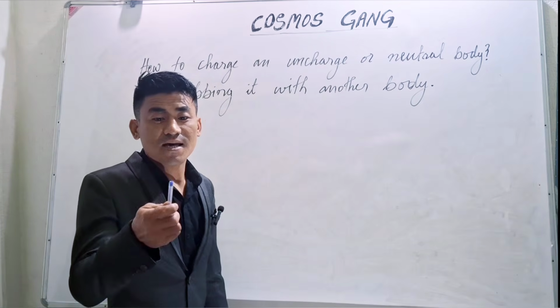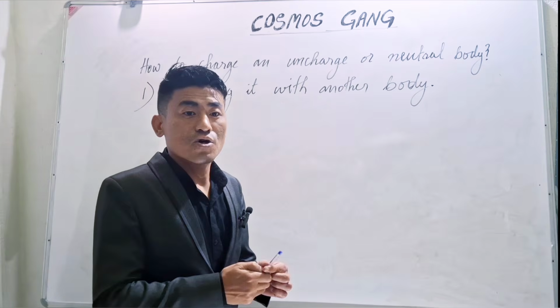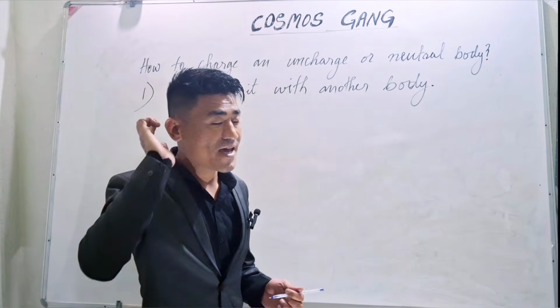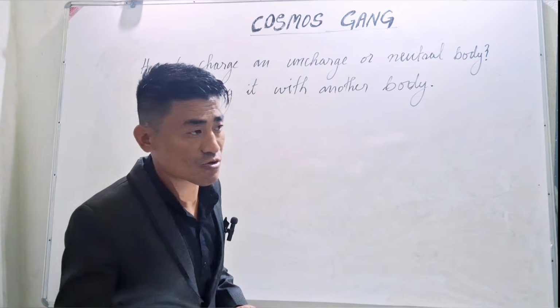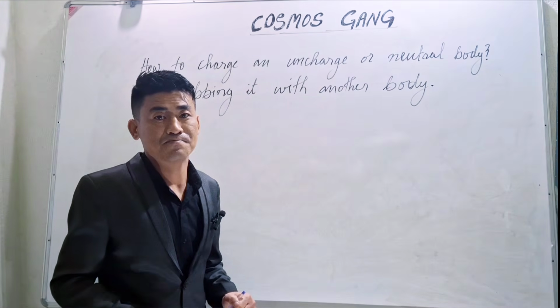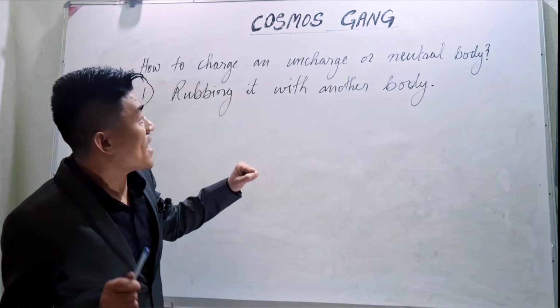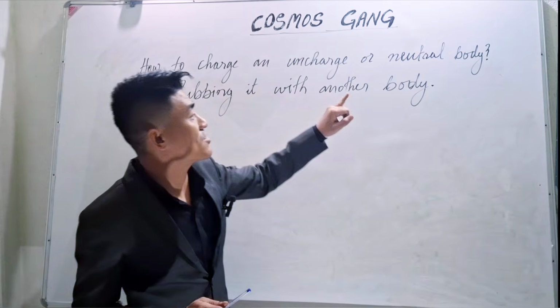In our case, the pen loses electrons on its surface to my hair and it becomes positively charged, whereas my hair becomes negatively charged because it is gaining electrons from the pen. That is how an uncharged body is charged, by rubbing it with another body.